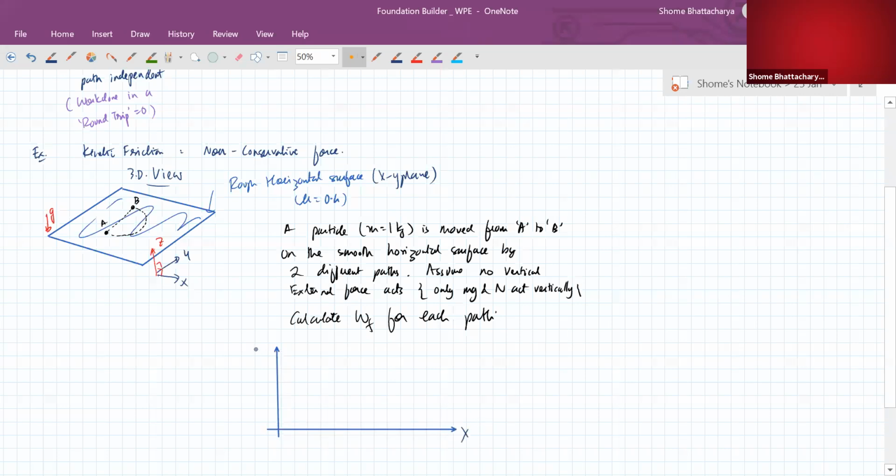This is the horizontal XY plane. In this, the point A is over here, and the point B is over here. The first path is a straight line, whereas the second path is, let's say, a semicircular path.